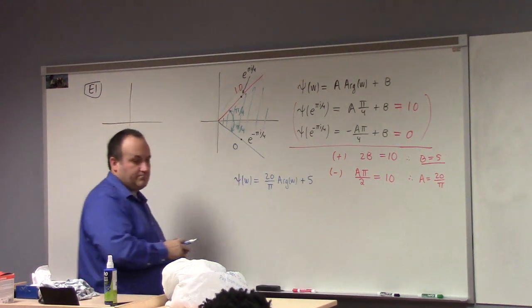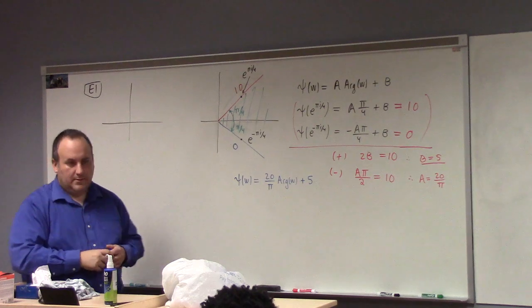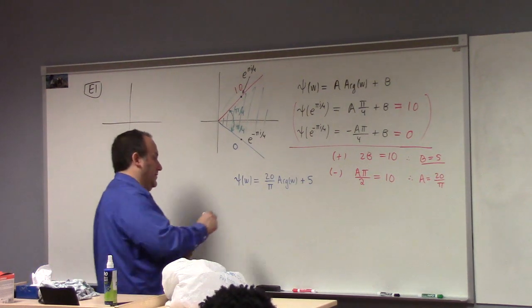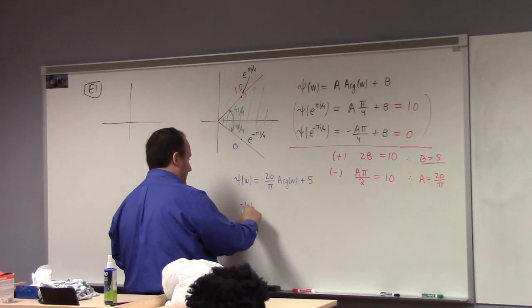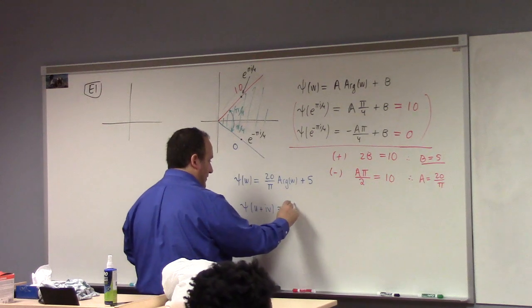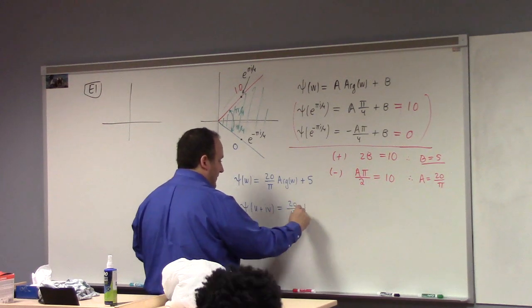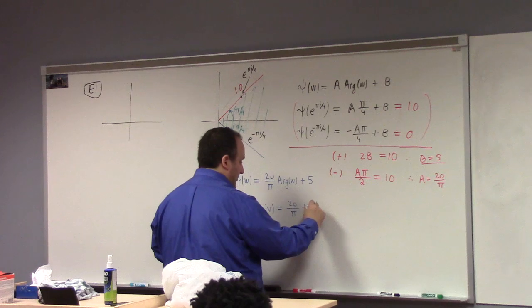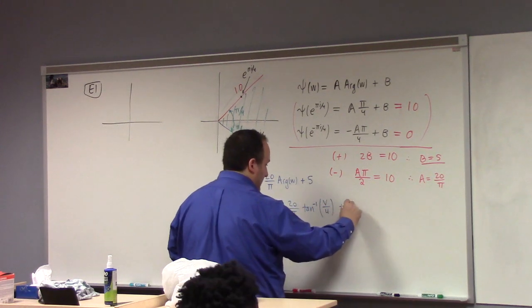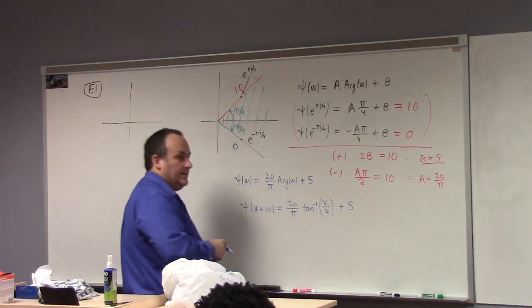Now I can be a little bit more precise. This is u plus iv, and we're going to get 20 over pi, actually we can use inverse tangent in the current context, v over u, plus 5. All right?